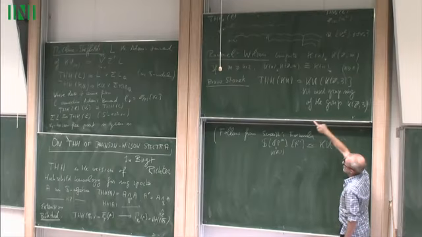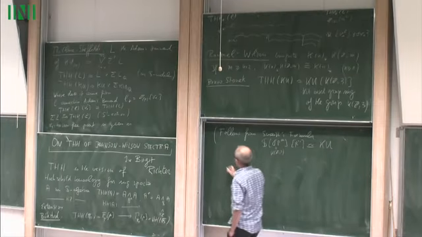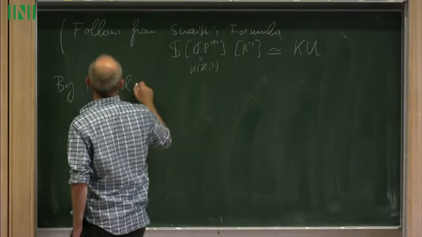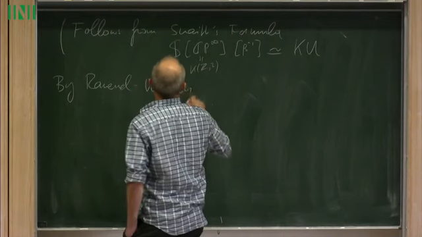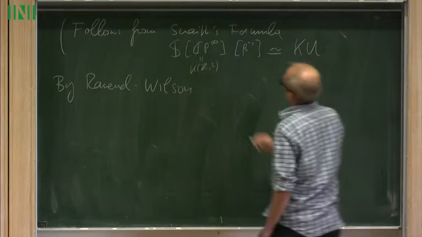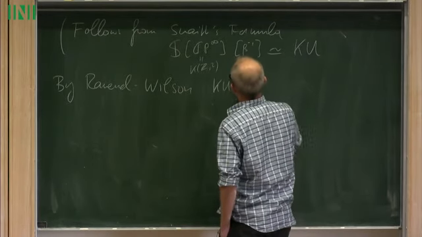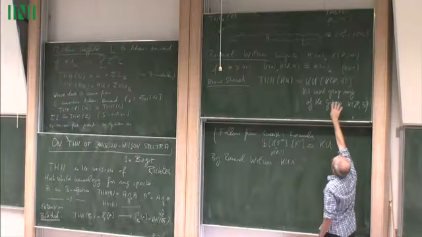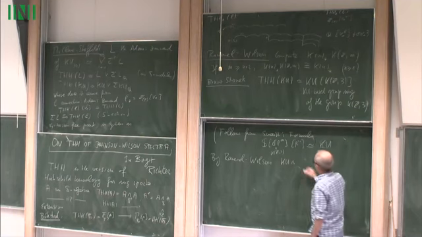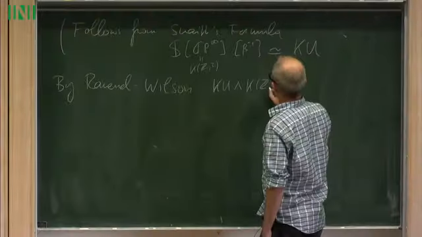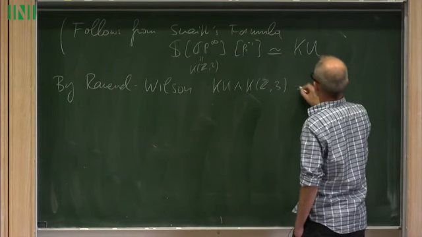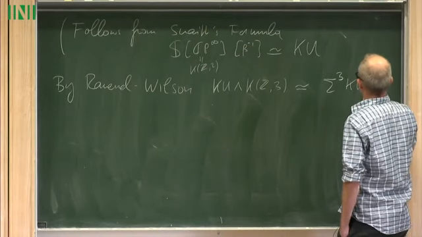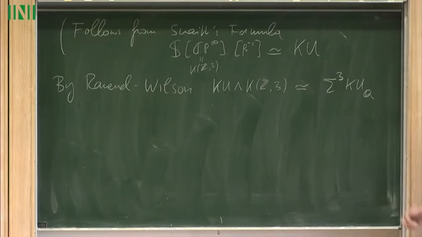And by Ravenel-Wilson, we know then that in here you have a copy of KU, a wedge, a copy of the smash of KU with K(Z,3), and this is rational. Okay.